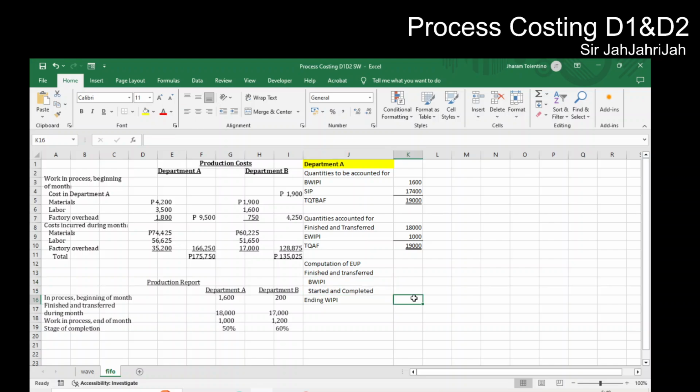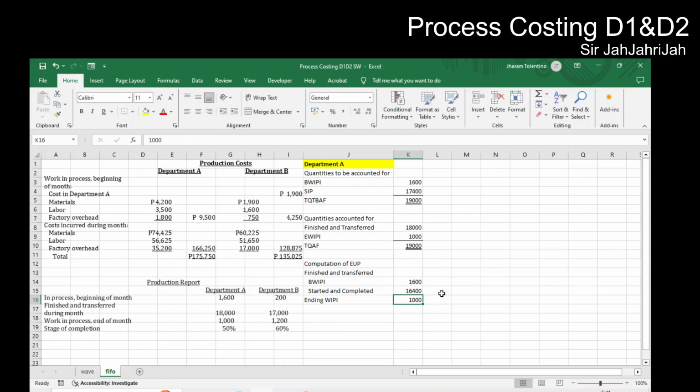So we have ending of 1,000, and then we have beginning of 1,600. Therefore, if we have 18,000 minus 1,600, we have 16,400.